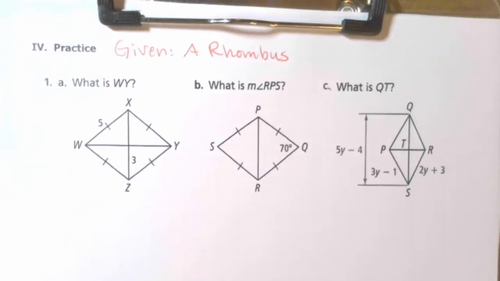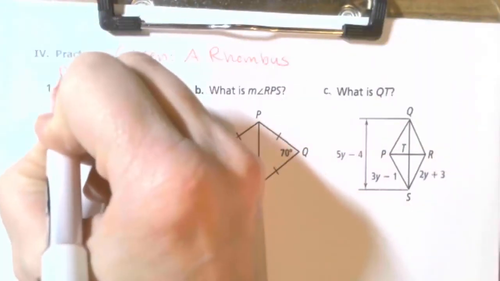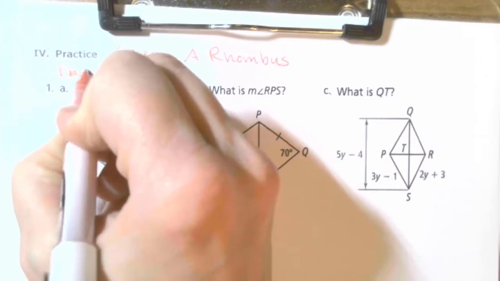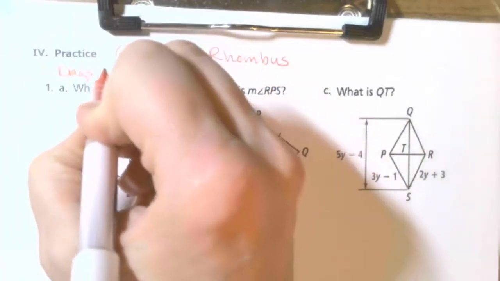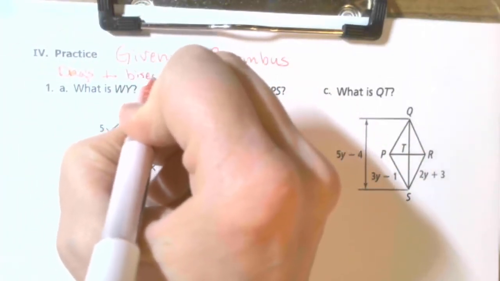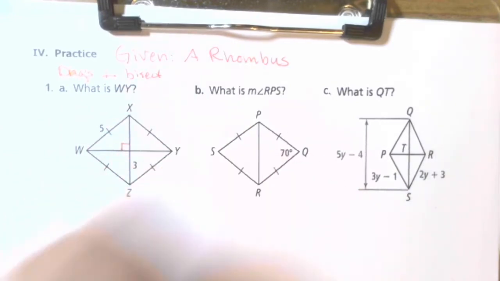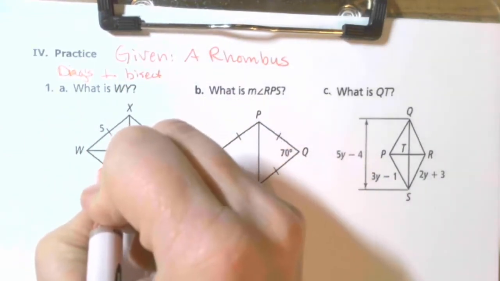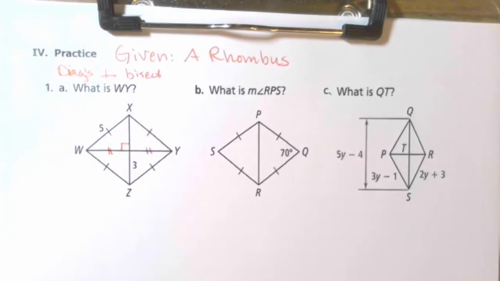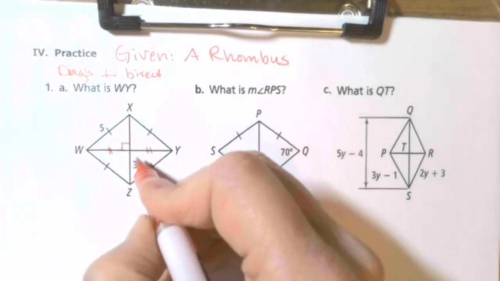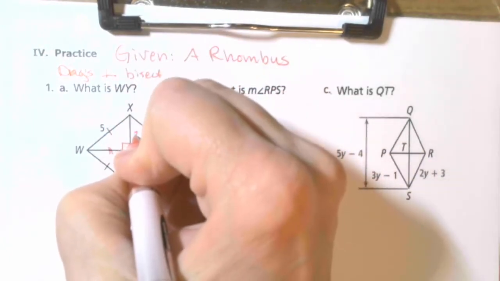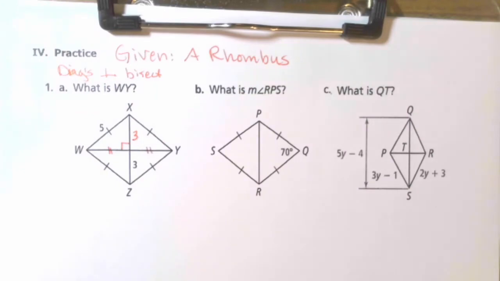Okay, so what we do know is that the diagonals of a rhombus are perpendicular and they bisect. So this is a right angle, and WY is split into two equal pieces. Because the diagonals are perpendicular bisectors, if this measure is 3, then the other side has to also be 3 because the diagonals bisect.